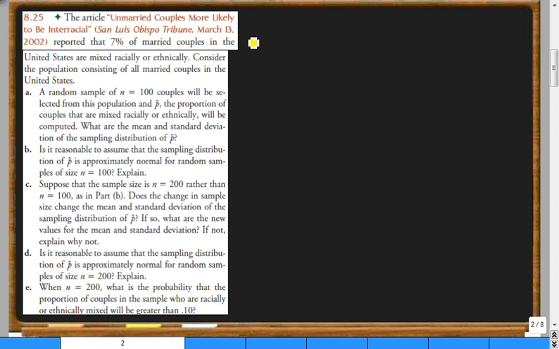So for A, the mean for p hat is the same thing as p, so that's going to be 7%, which is 0.07.